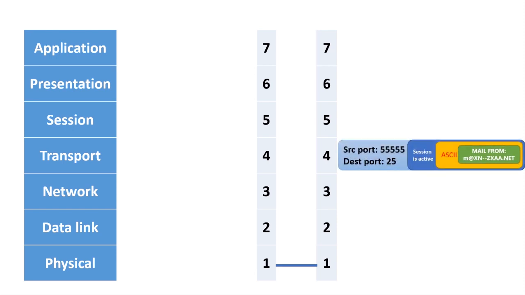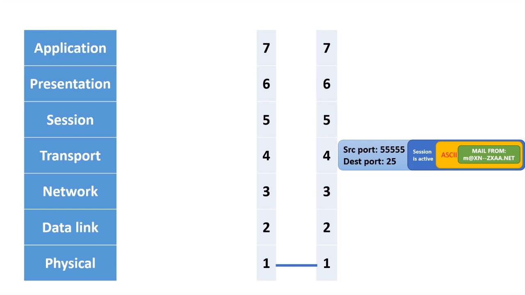On this next higher layer of the protocol stack, we see the information that we use to dispatch it. The destination port is 25, the source port was 55555, and at this stage the transport layer knows that this is intended for the email server. It's going to discard this information.